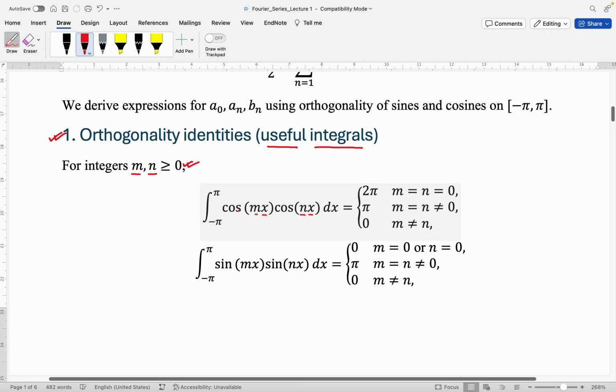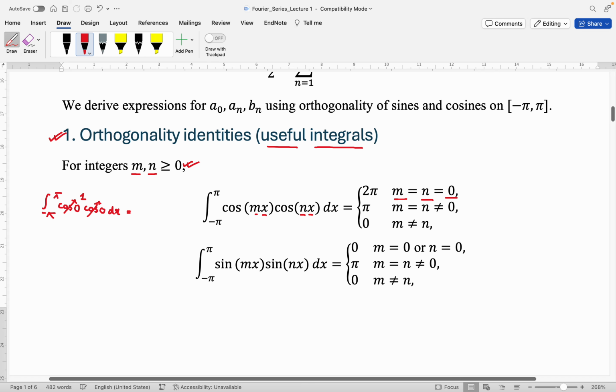So it says cos mx cos nx dx, if m and n are 0. Let's try solving this first one. If m and n are 0, I will take the integral from minus pi to pi of cos 0 into x, and n is also 0, so again cos 0 into x, dx. Cos 0 is 1, we already know.